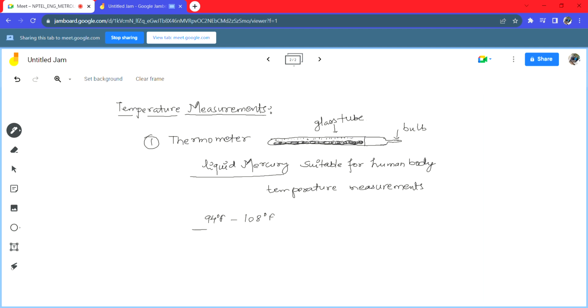And within this range, we get by and large all the temperatures that exist in the human body. So these temperatures are easily accessible, and sensitivity is a very important factor while designing a sensor system or a measurement system. And how do we define the sensitivity?